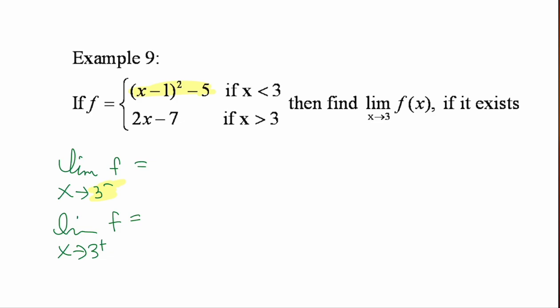If we plug in 3, we get 2 squared minus 5, or 4 minus 5, which is -1. Now, for this notation, we are coming in from the right, so we're going to be using values that are bigger than 3. So we can use direct substitution into that function, and so we get 6 minus 7, or +1. Since they are different.